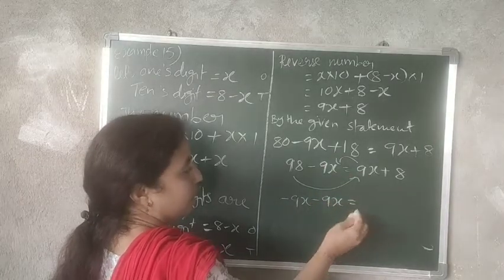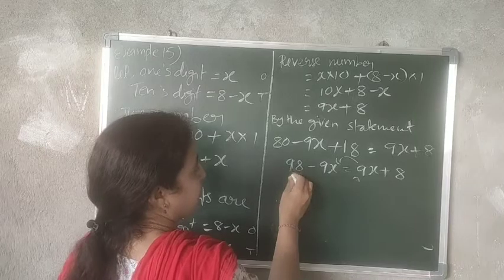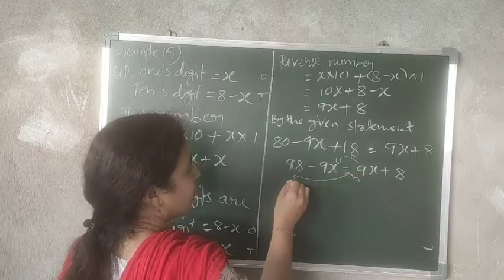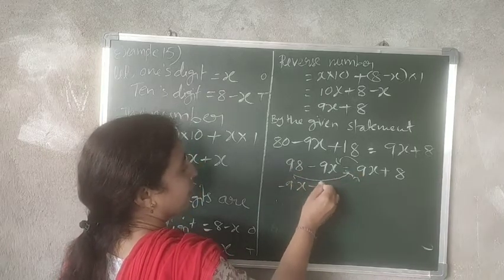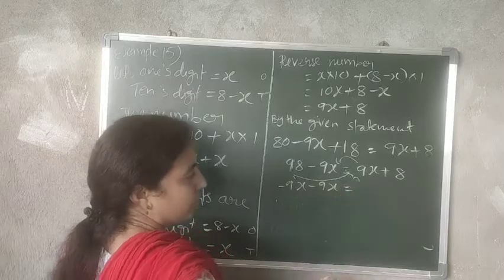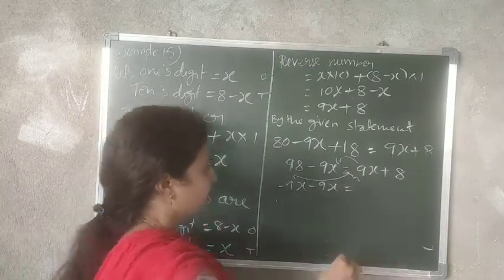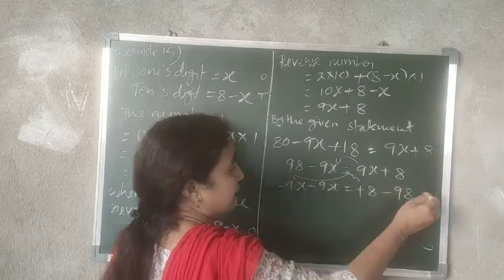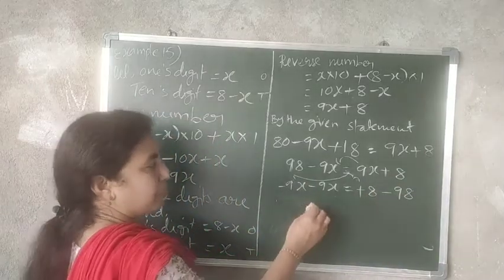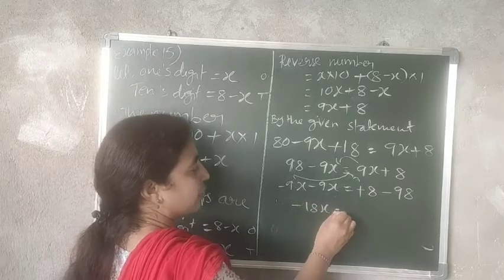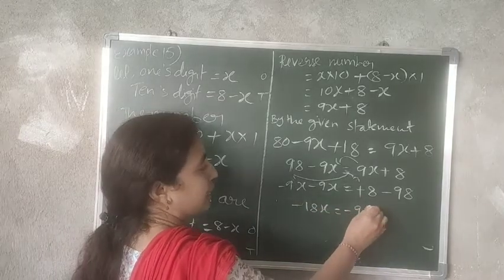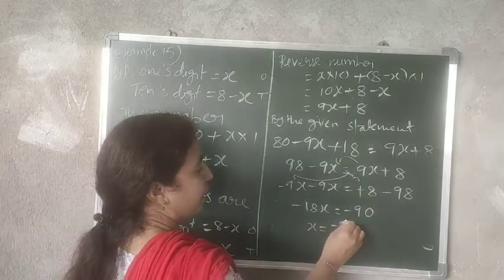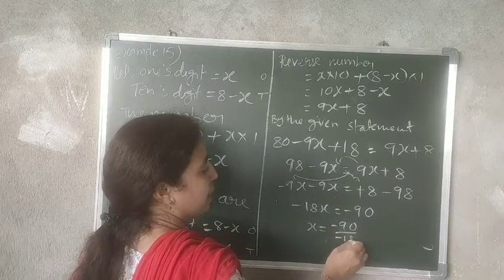Minus 9x minus 9x is minus 18x, and 8 minus 98 is minus 90. X is equal to minus 90 by minus 18.